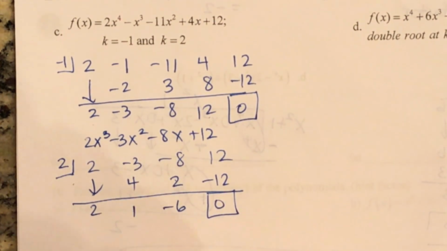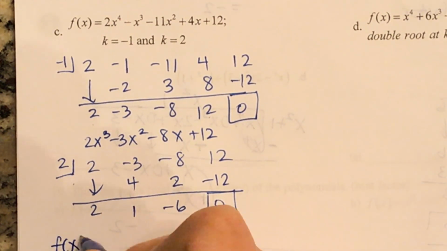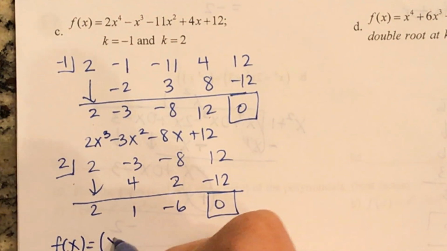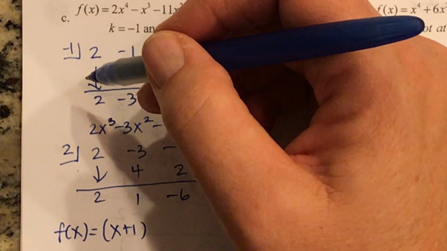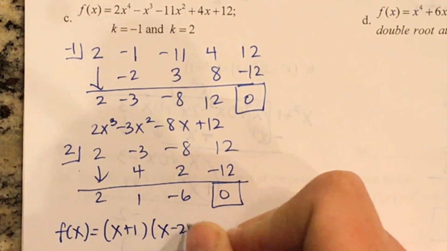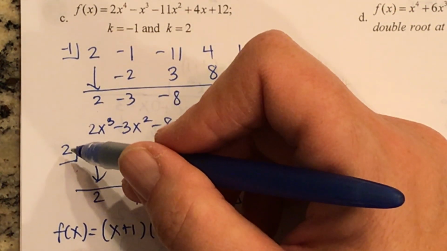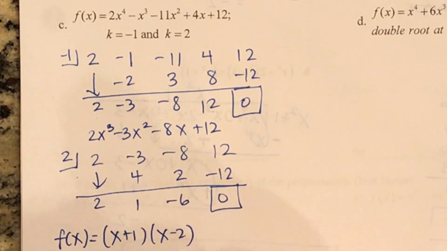So here's what's happened, though. I have taken my f of x, and I know that x plus 1 is a factor. That's coming from this one. I know that x minus 2 is a factor. That's this one. Remember, it's the opposite of what it says for the factor.